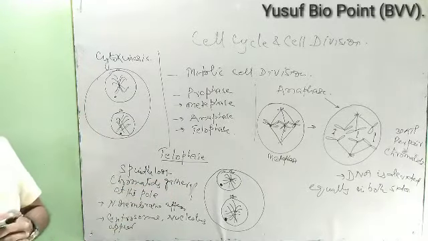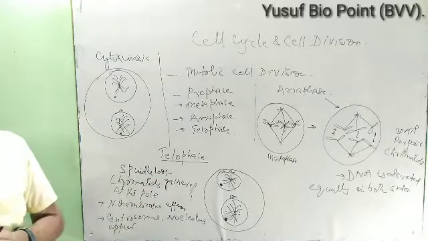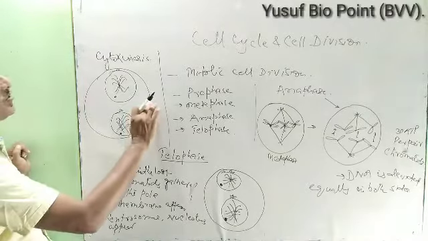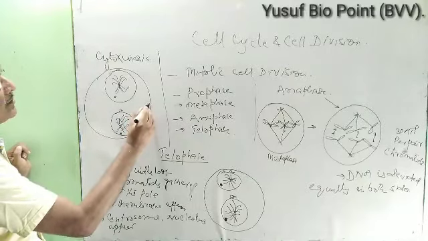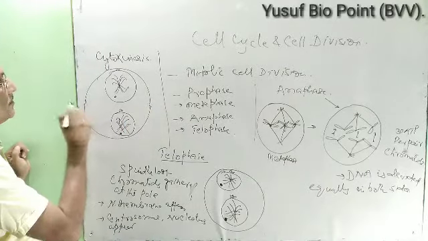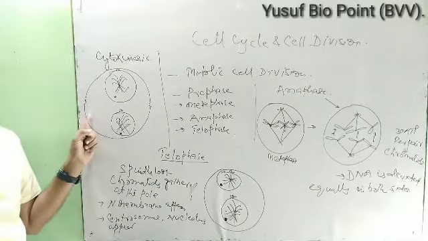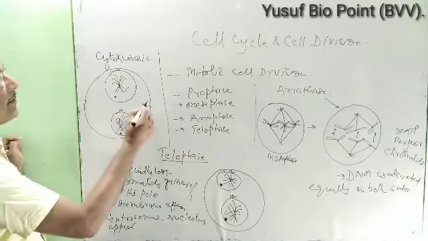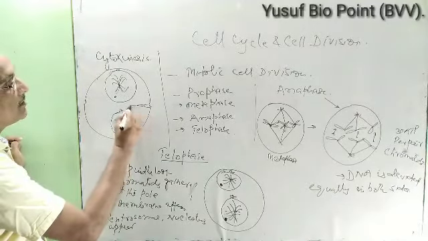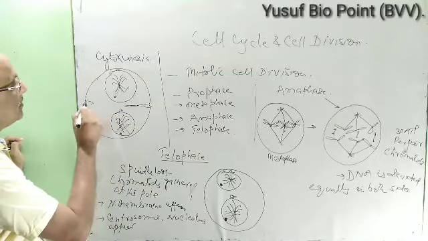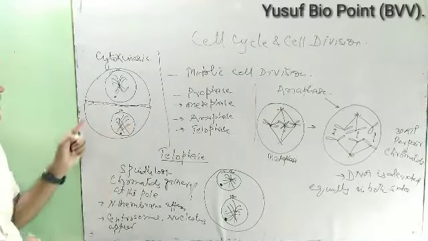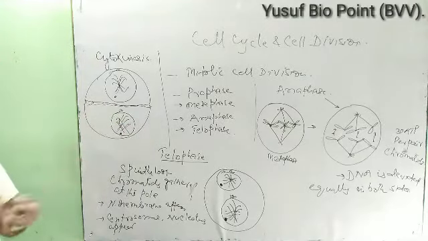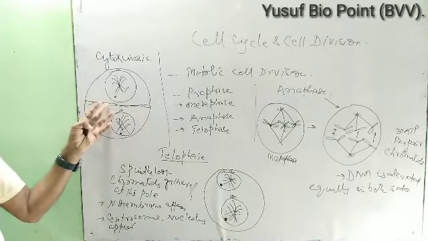Now the cytokinesis takes place: a constriction takes place, and that constriction becomes deeper and the sides meet each other. Understand?